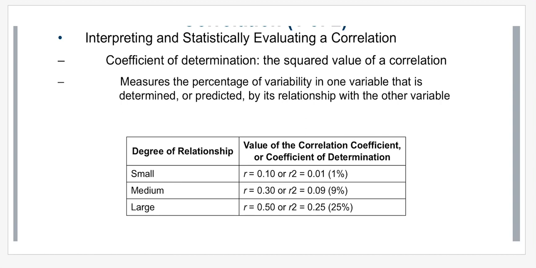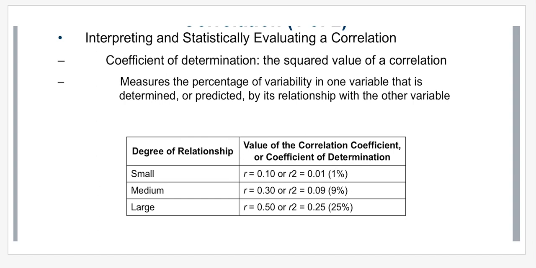It's just taking the correlation coefficient and squaring it. The Pearson correlation coefficient is usually an r, that little lowercase r. So when I was saying a correlation of 1 or a correlation of 0.8, that is the r value. Okay.